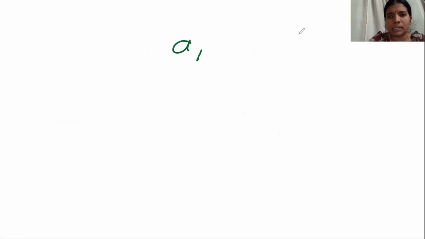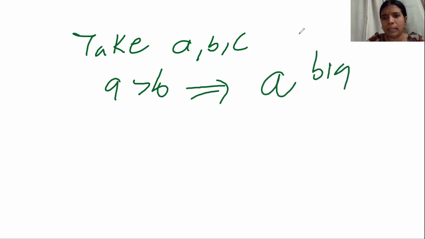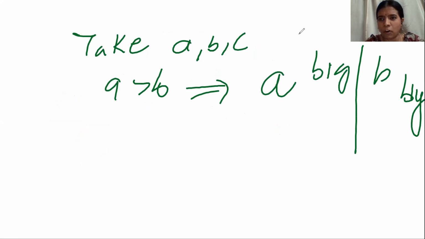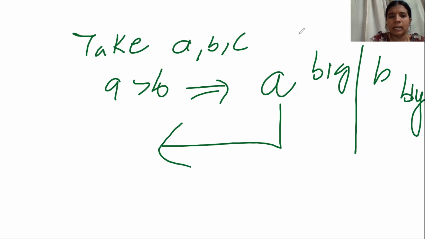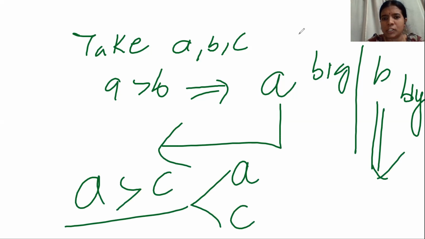So how do we generally develop a simple algorithm? Take three numbers A, B and C. Then just compare A and B. In that, either A may be bigger or B may be bigger. So when A is bigger, go back and compare A with C. Then your answer is either A or C. In the same way, when this particular condition is false, you know that B is bigger.